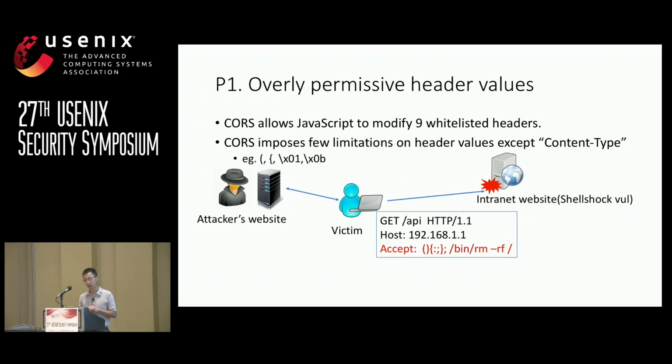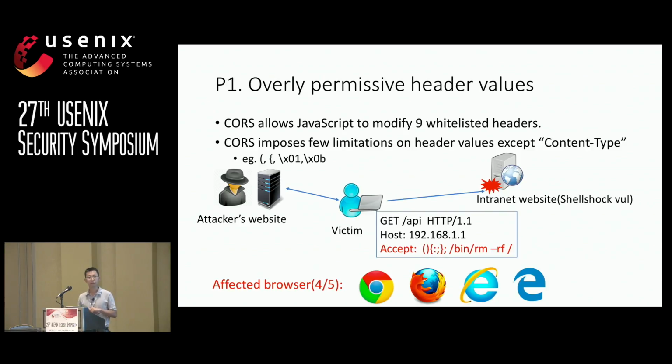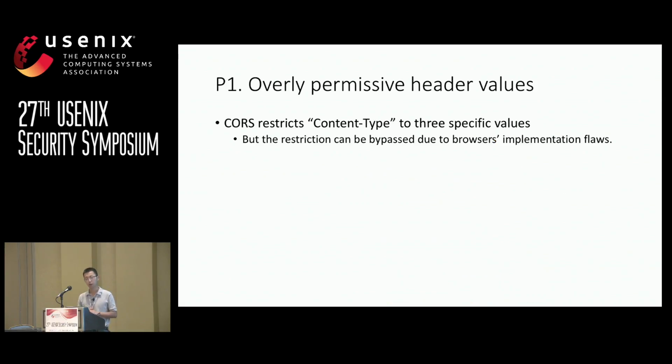For example, the attacker can set the Accept header to a Shellshock vulnerability payload. We tested five major browsers and found four of them are vulnerable, all except Safari.